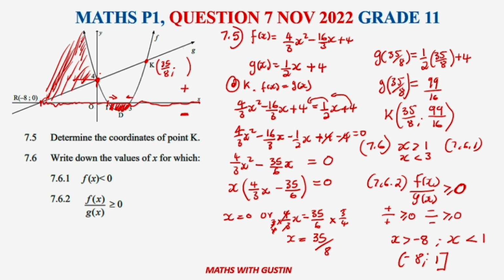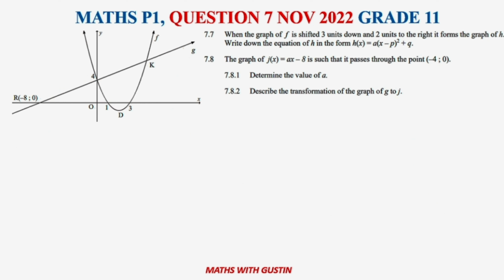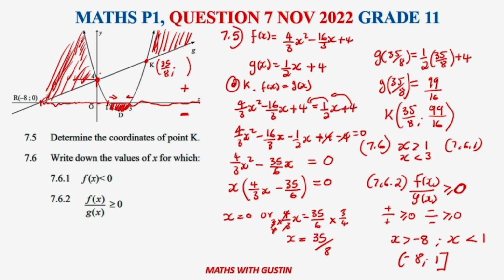And then there are other values as well, on this side here. So in that instance you are going to have x greater than 3, and therefore to infinity, because it goes on forever and ever, guys.